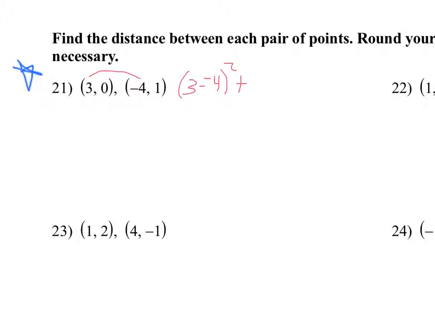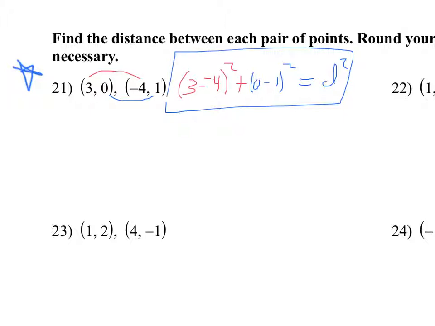I want to add it to the y values, 0 minus 1 squared. Those 2 squared will equal the hypotenuse squared. And I want to call it distance, or I could write c, your choice. But this is where it kind of looks like Pythagorean. The difference, though, is the distance formula is solved for d, so you would root both sides in the end, which is what we've already done.